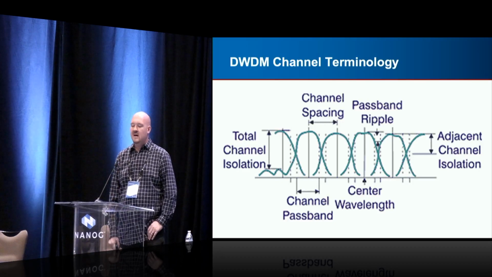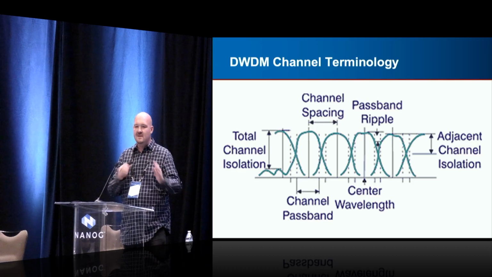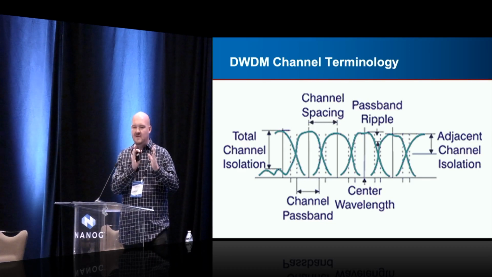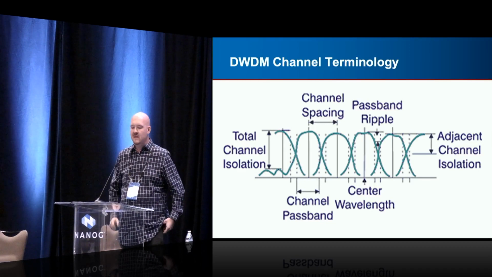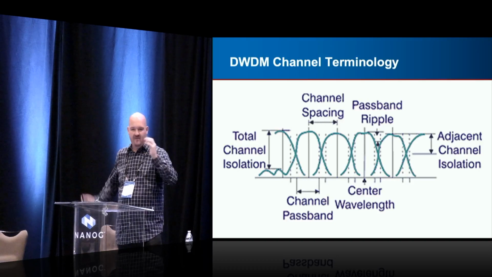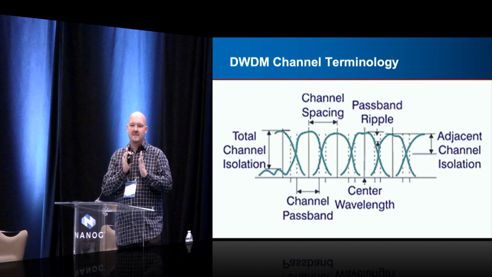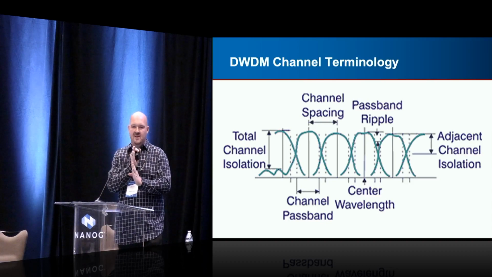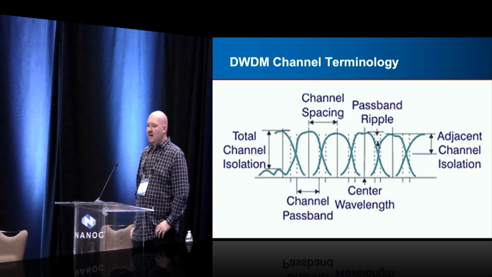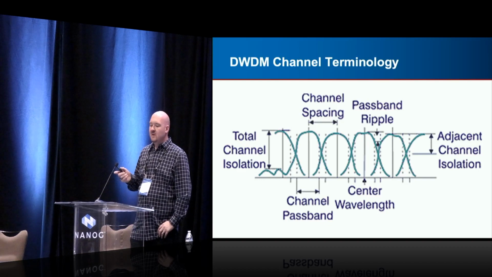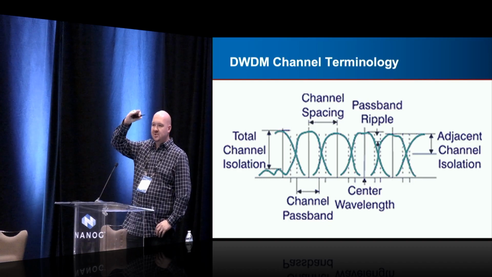So you care about the channel passband. That's the amount of signal that's actually able to be carried across this channel. And if you have a very narrow channel passband, then you clip the light on the edges, so you would get only a small channel in the center. You have ripple, which is the shape of the curve.